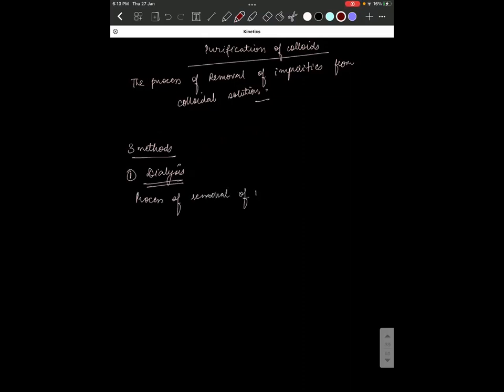You can note it side by side because today's part is all the theory part.